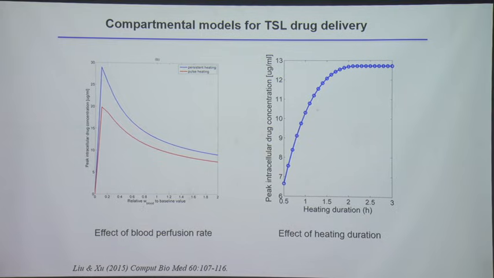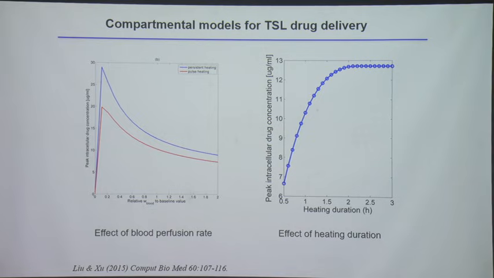And we can find that the influence of this parameter is actually not linear. When the perfusion rate was very low, then increasing the perfusion rate increased the intracellular concentration. That's easy to understand because it enhances the transport. Whereas when it reached a certain point, increasing the perfusion rate actually caused the intracellular drug concentration to drop.